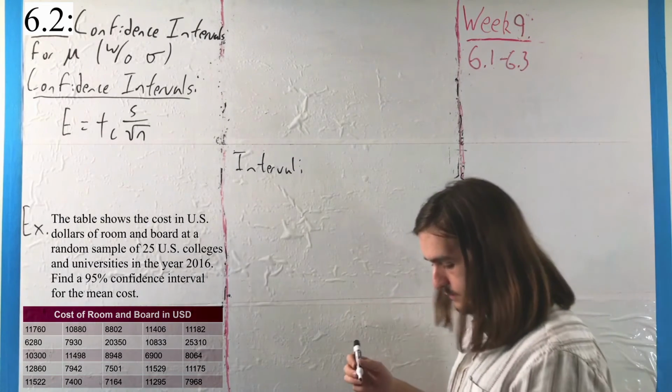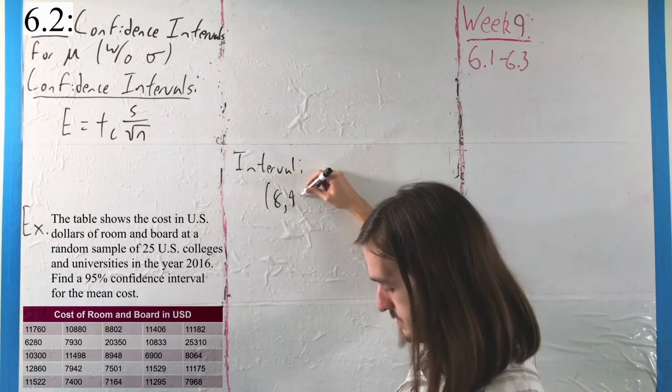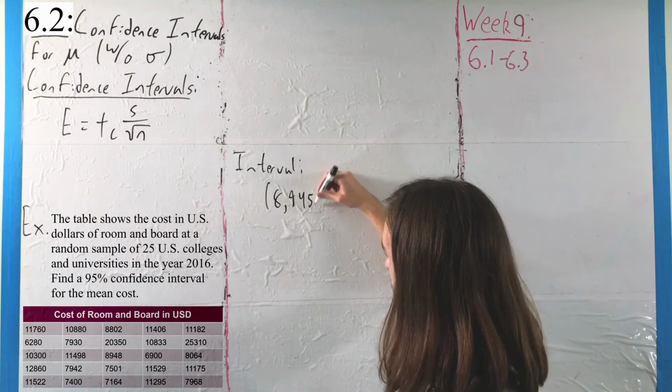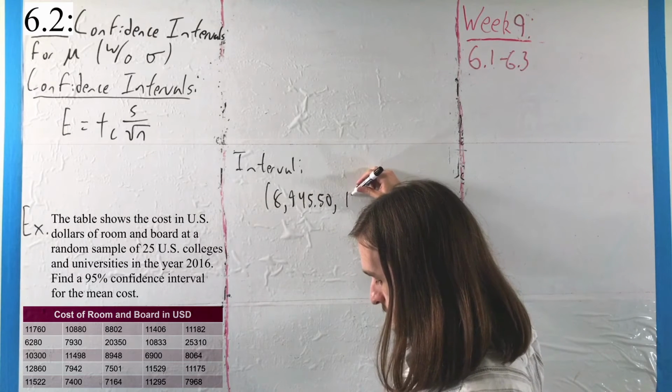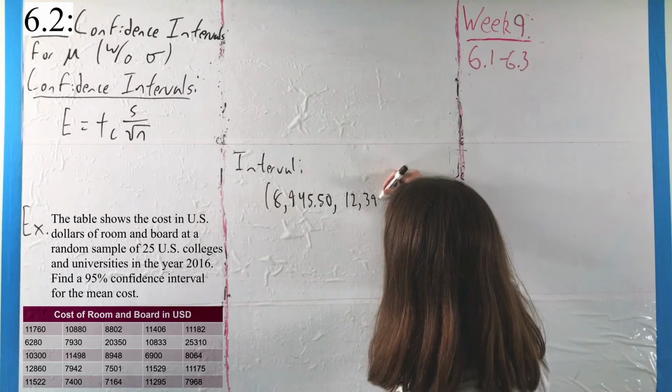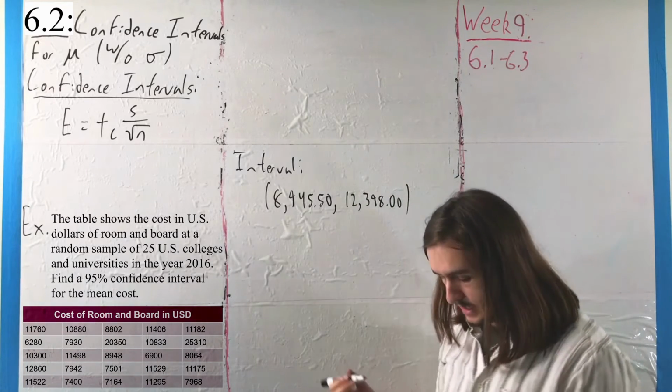the range that we will end up with is from 8,945.5 to 12,398. Put a $ in there because it is dollars technically.